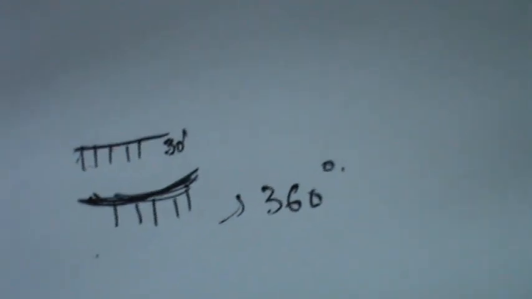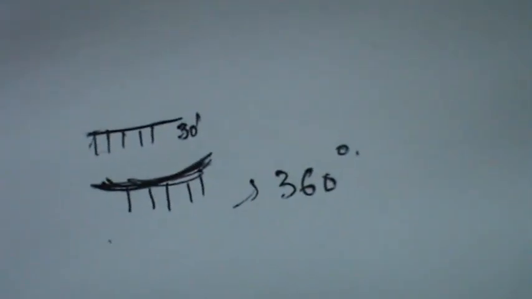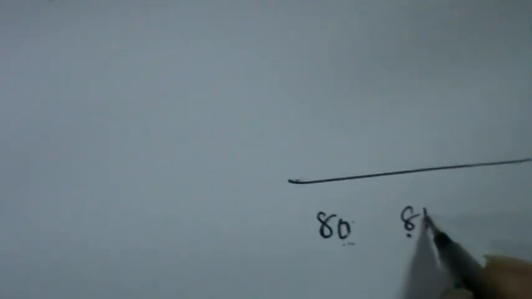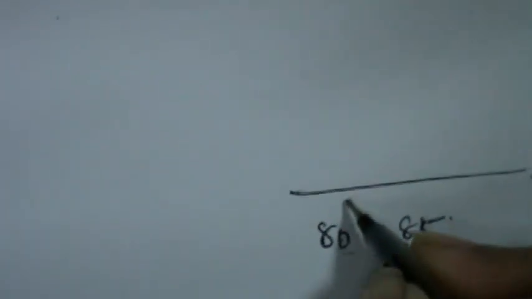Then we will note down the reading. Suppose you have 80, 81. In between these two you have 85. So 80. Then there is one small line inside this, and there is one bigger line.